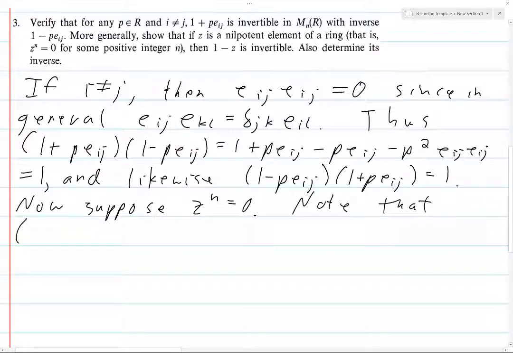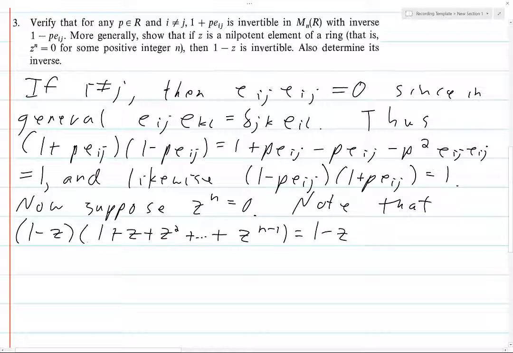that if you take 1 minus z times the sum 1 plus z plus z squared all the way up to z to the n minus 1, then when you distribute this to the 1, you get 1 minus z. Then when you distribute it to the z, you get z minus z squared.